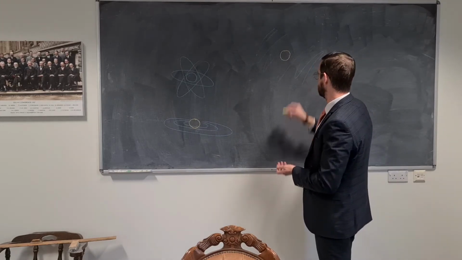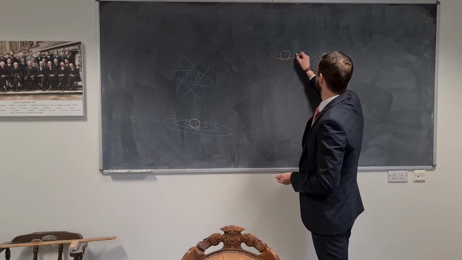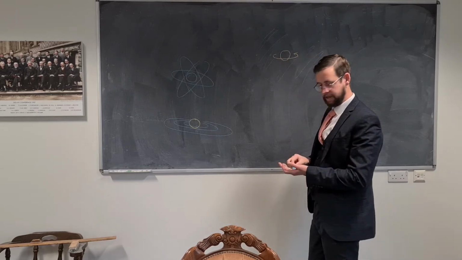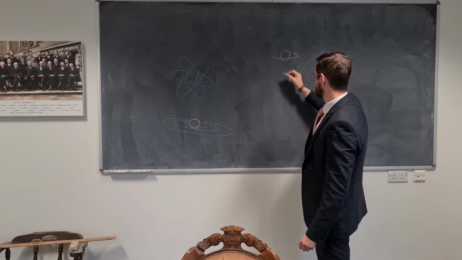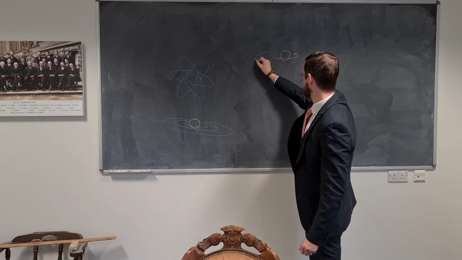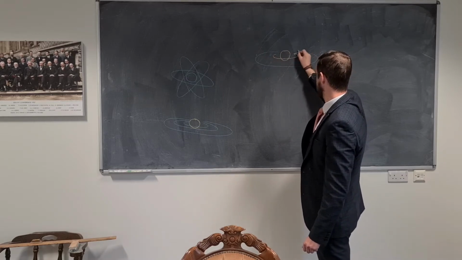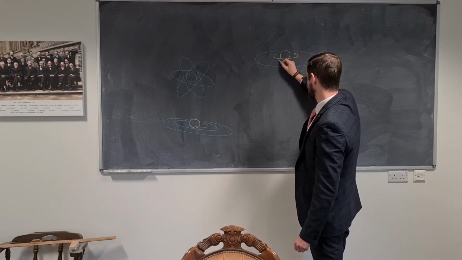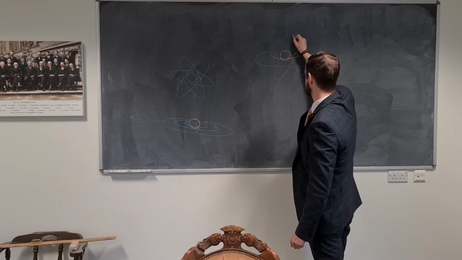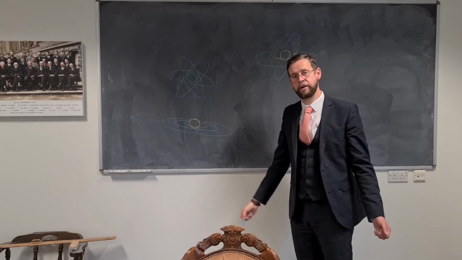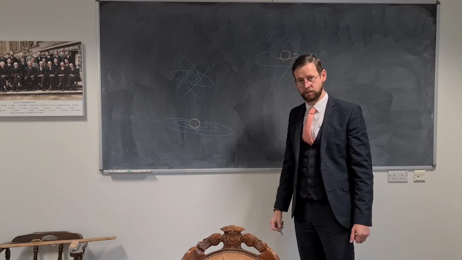But the net rotation of this cloud was like this. It meant that some particles were going around like this, some asteroids or some rocks, but then there were other objects going around like this.